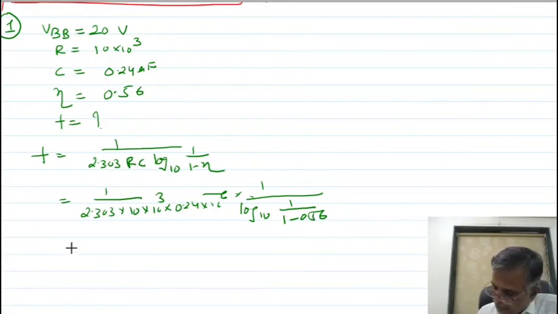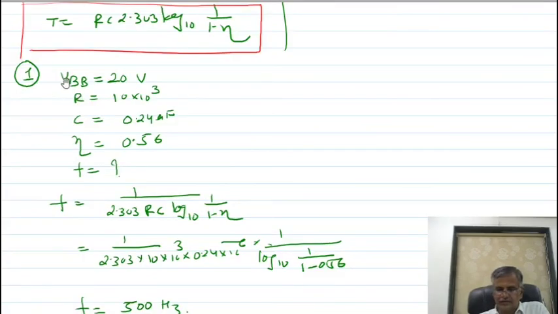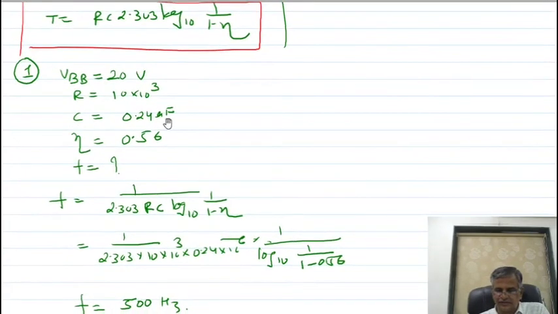If you do this calculation, I am sure you will get 500 hertz. This is very easy. VBB is 20, R is given, C is given, and eta is 0.56. You can write this equation, put the values of R and C, and calculate this way.